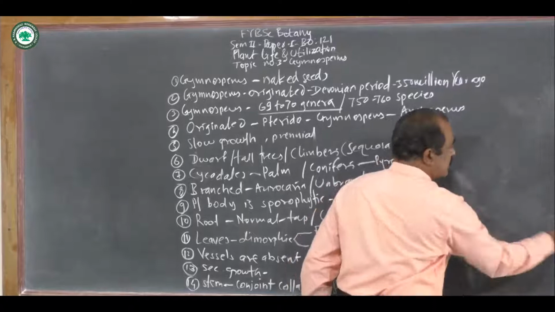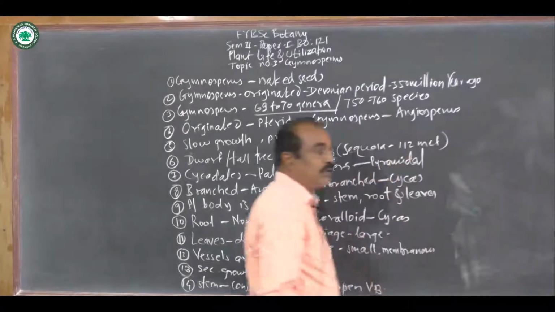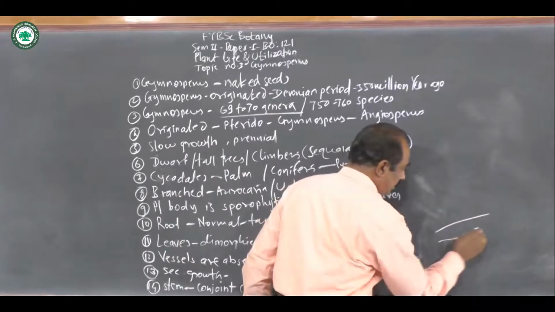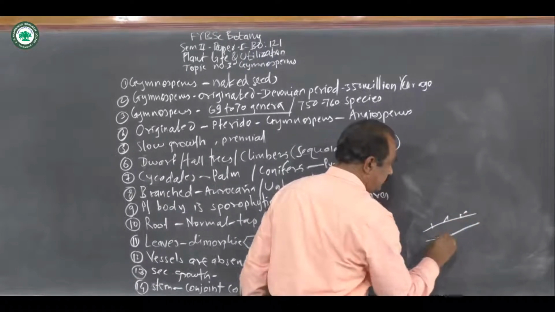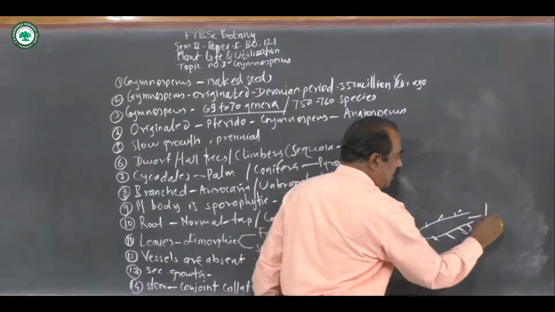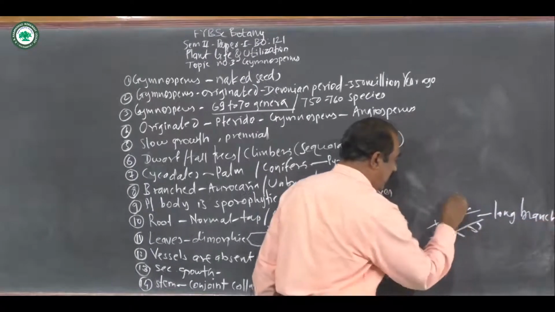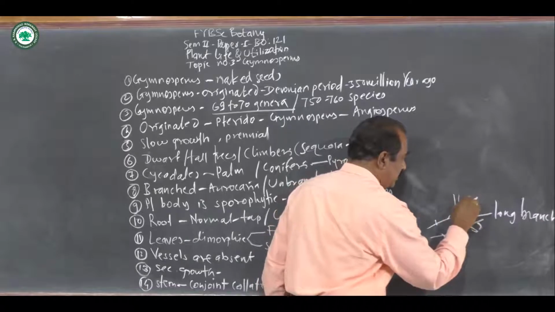But in pinus, at the same time, there are two different types of leaves. This is the long branch, and here this is the dwarf branch.